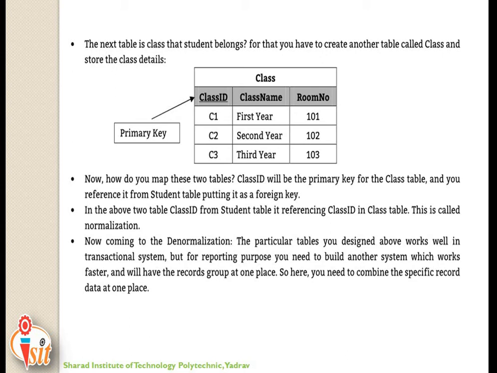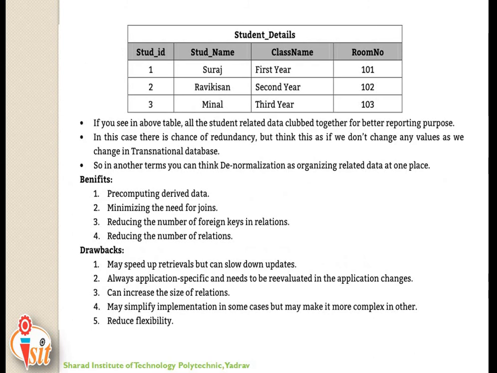Now coming to denormalization, the tables you have designed above work well in a transactional system, but for reporting purposes you need to build another system which works faster and will have the records grouped at one place. So here you need to combine the specific record data at one place.